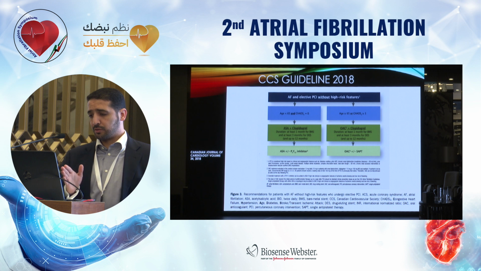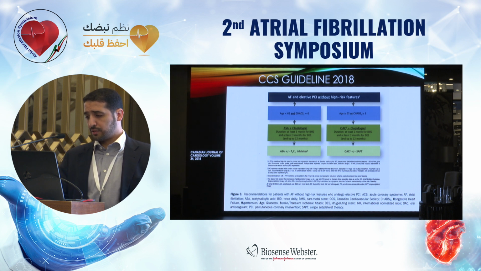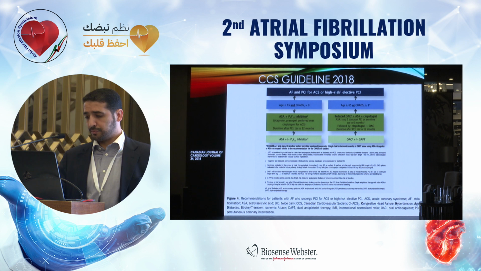If the CHADS score is 0, they give aspirin and clopidogrel, and sometimes they suggest stronger dual antiplatelet therapy like aspirin and ticagrelor. If the CHADS score is higher than 1, then they go with oral anticoagulant and clopidogrel, and sometimes they will tell you not to use aspirin. If the patient has acute coronary syndrome or high-risk features, then they suggest triple therapy.